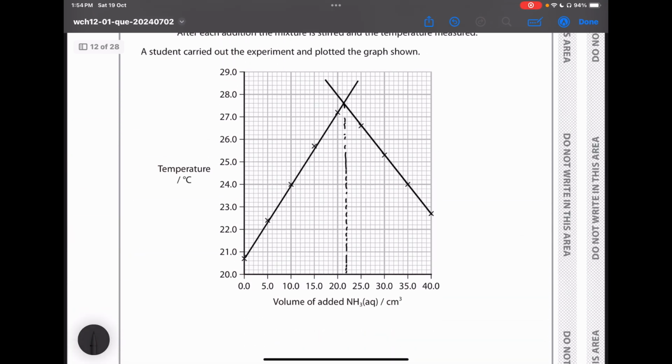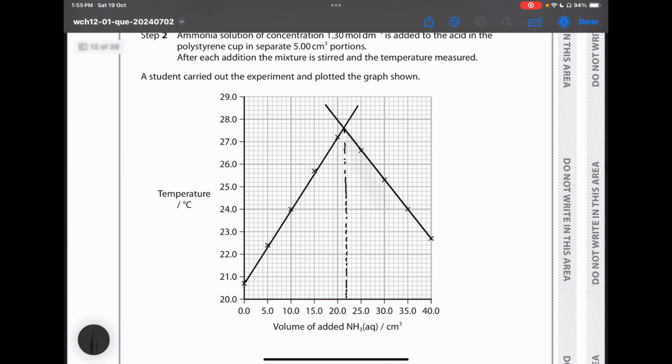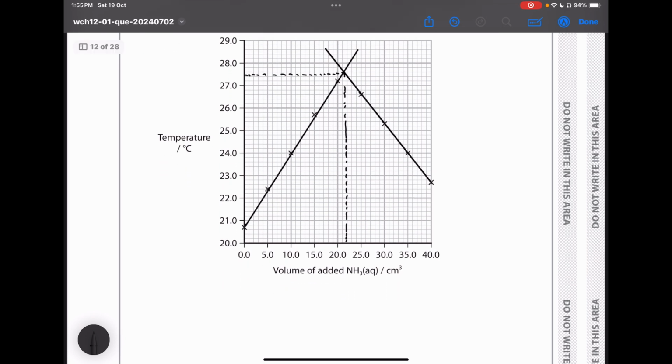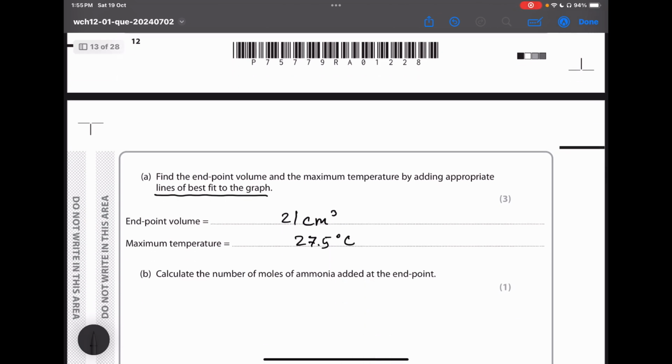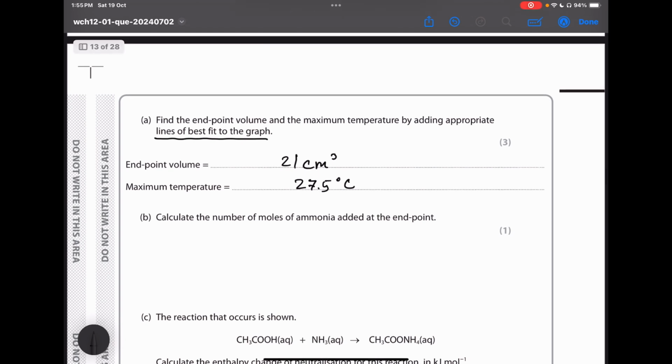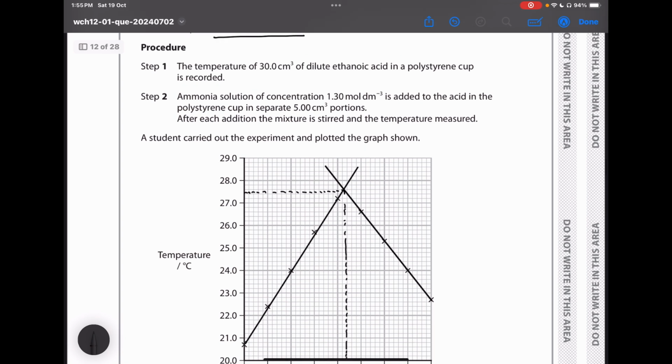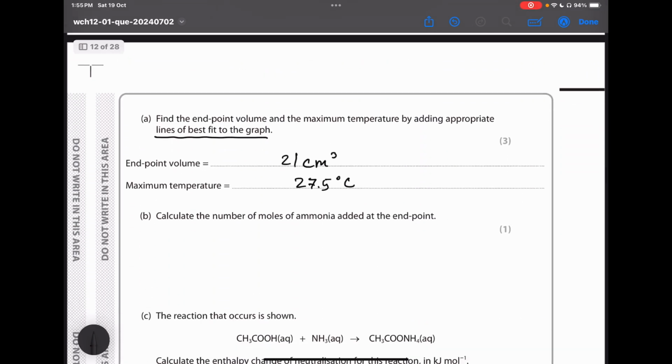Maximum temperature. So the maximum temperature is going to be this, which comes as 27.5 degrees Celsius. Calculate the number of moles of ammonia added at the endpoint. So you see, we have added 21 cm cube and the concentration of ammonia was 1.30. So let's calculate the moles.